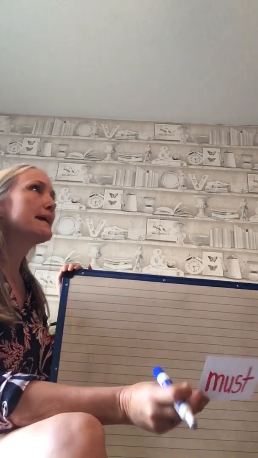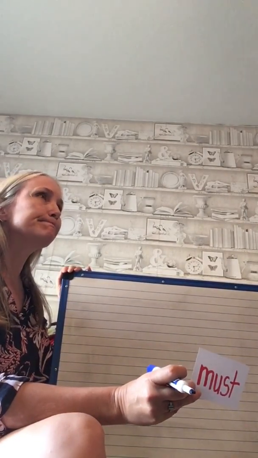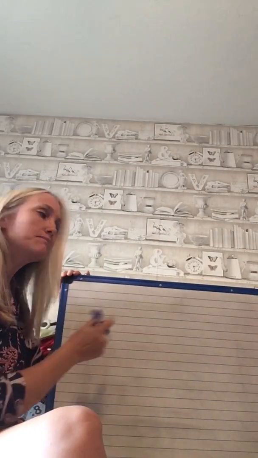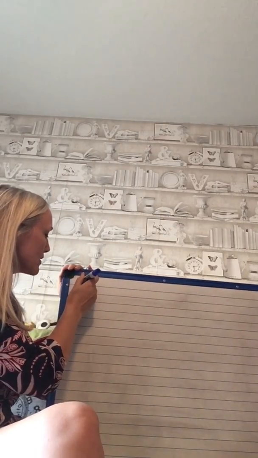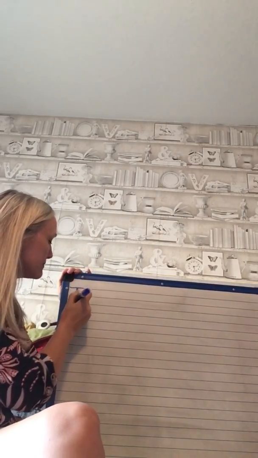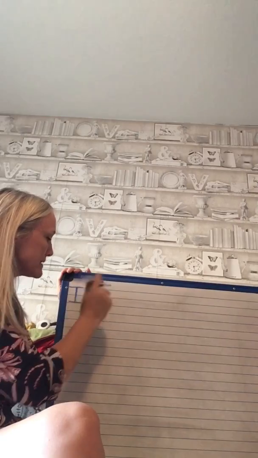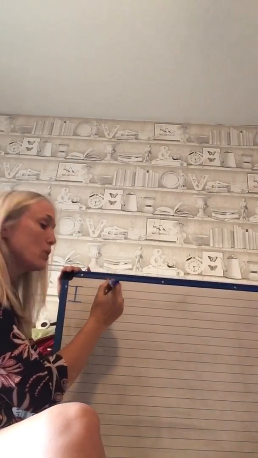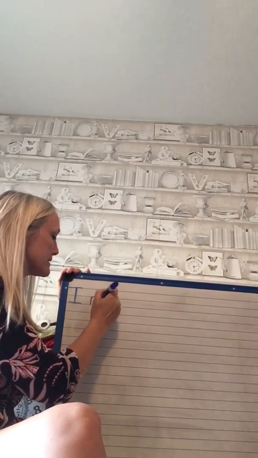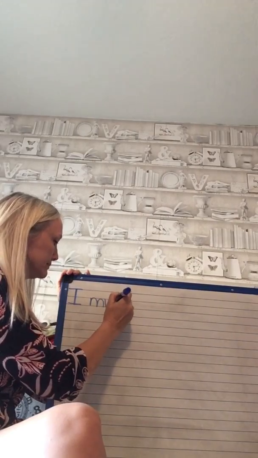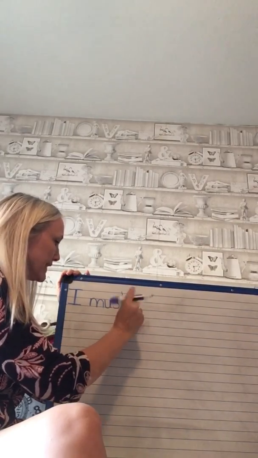So even for me, I have to think, okay, I have a good one. I'm going to start way over here on the left-hand side. I'm going to start with I. Finger space. Not 5 fingers, 1. Must. Finger space.